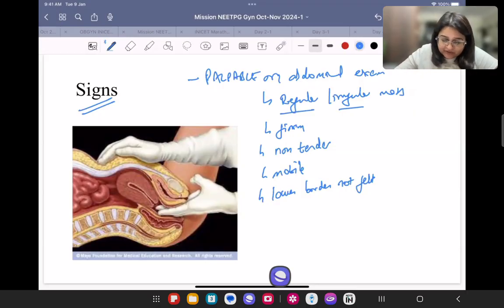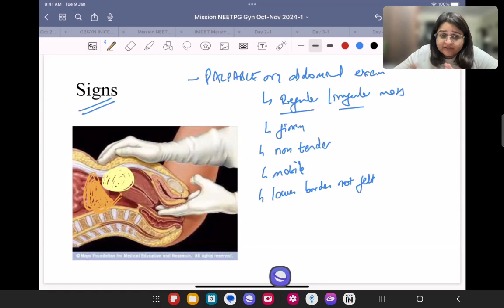Suppose you have a fibroid, a large fibroid here, which you're able to palpate per abdomen, versus an ovarian mass, let's say a large ovarian mass is here, which you're also able to palpate per abdomen. Tender तब होगा if it's undergoing some degeneration, otherwise fibroids are not usually tender. So how will you differentiate between an ovarian and a uterine mass is a common question.